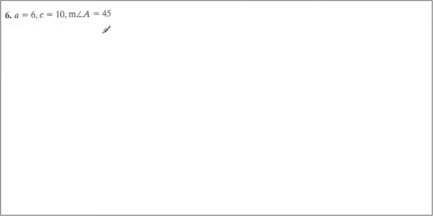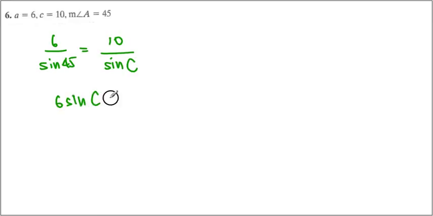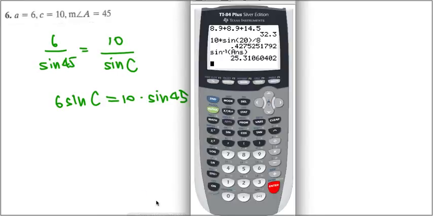How about number 6? So here we have 6 over sine of 45, which is equal to 10 over sine of C. Here we end up having 6 sine of C must be equal to 10 times sine of 45. Let's turn everything into the calculator.